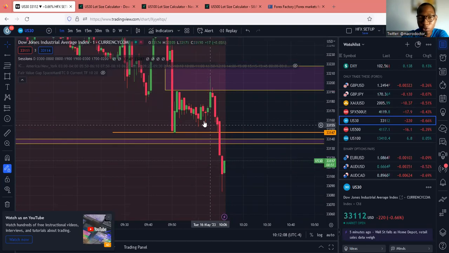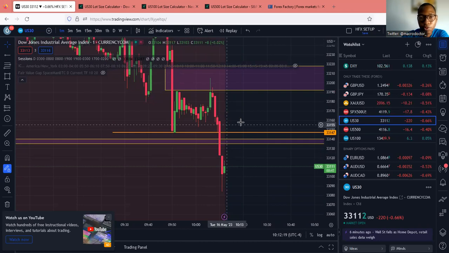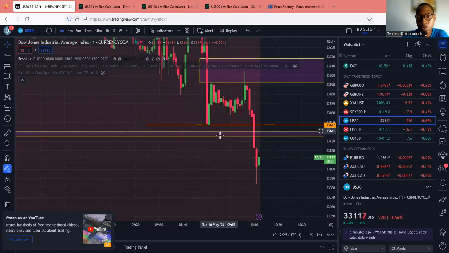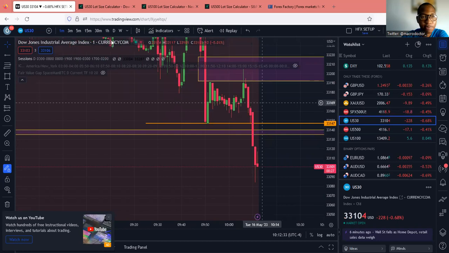Once it goes below this low here, I entered because my trading model allows me to enter off just the close of the candle and not wait for the retracement. But as always, the safest entry is to wait for your fair value gap. But this has dropped so much that even if it comes to this fair value gap, I'm not sure we still want to take that trade, to be honest with you.